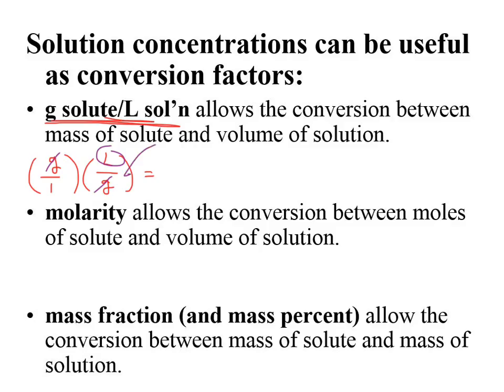So that's your concentration, and this is your goal. Similarly, if you want a certain volume, liters, that's what you're after, you can use your grams per liter to get to grams.